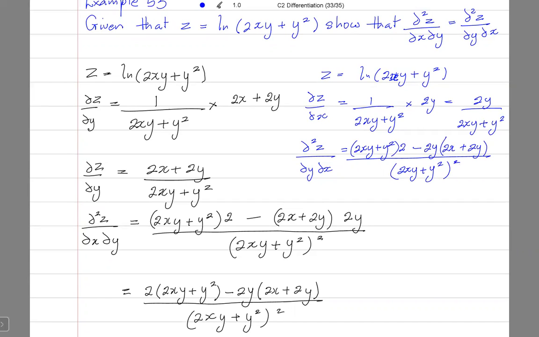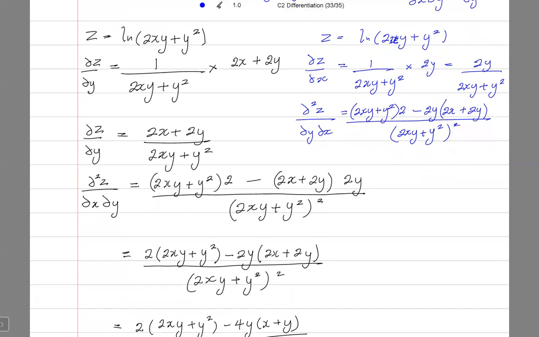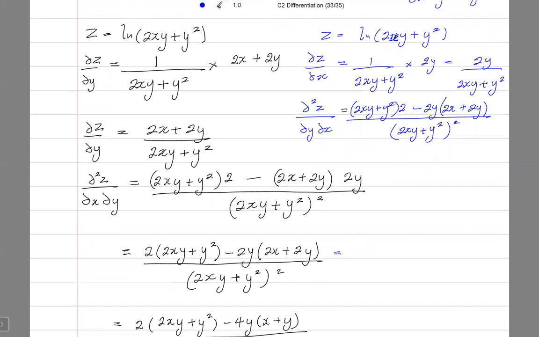All right, it looks as if it's coming back out to be the same thing. Can everybody see it? Yes, let's just finish it. It is the same thing. So this would come out to be 2 into 2xy plus y squared minus 4y into x plus y, and this is all over 2xy plus y squared.